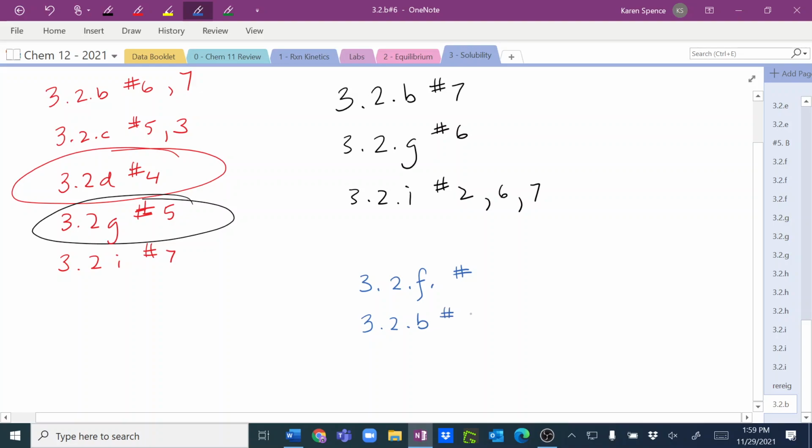Yes, we can. Anything else? 3.2I, number 1 and 2. Excellent.